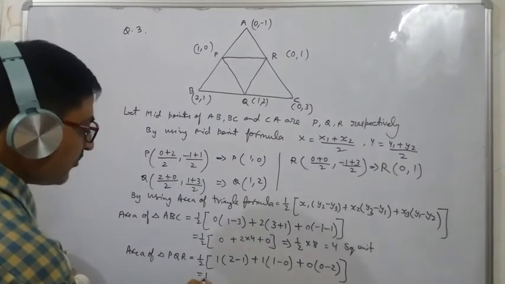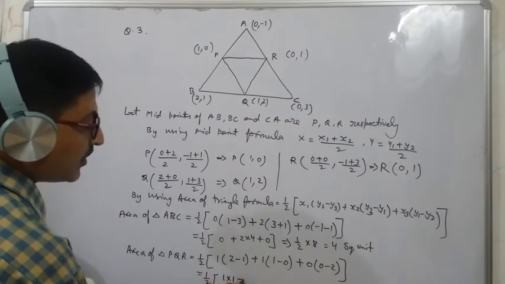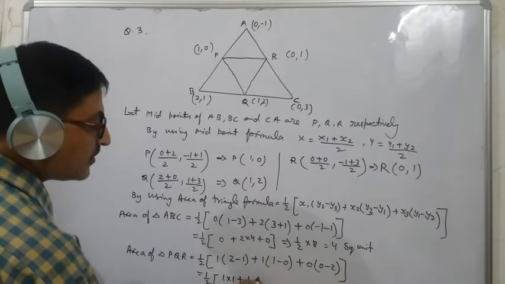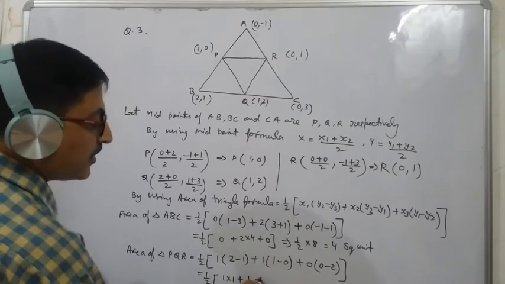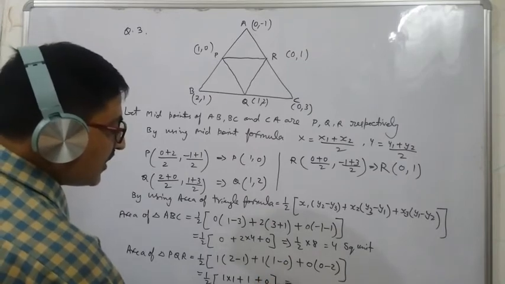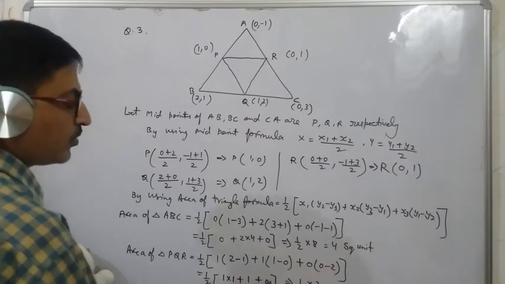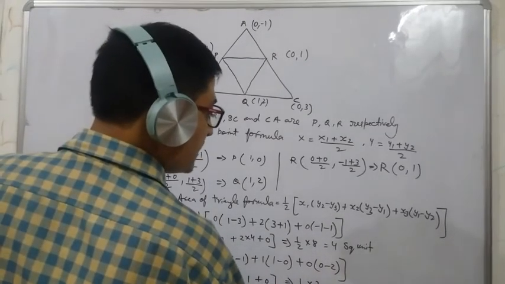So 1/2 into [1 times 1, which is 1, plus 1 minus 0 which is 1, plus 0 because 0 times (0 minus 2) is 0]. It comes to 1/2 into 2, so that will be 1 square unit.